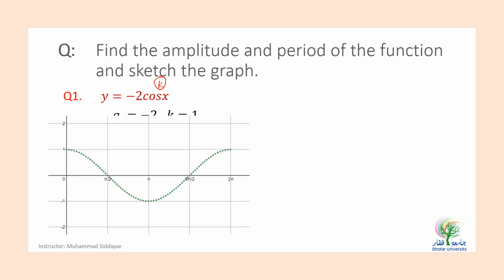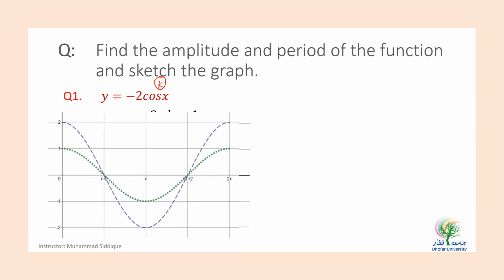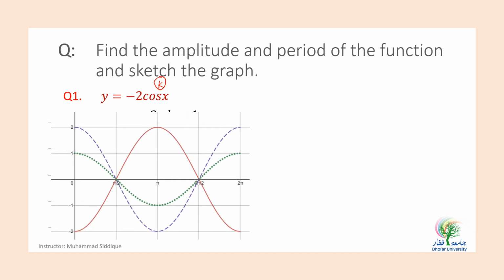Let us start with the graph. This is the graph of cosine x, not minus 2 cosine x. Now I'll make it with amplitude 2. Before, the amplitude was 1 and now the amplitude is 2, so the graph moves up and down like 2, and I need the reflection about the x-axis.